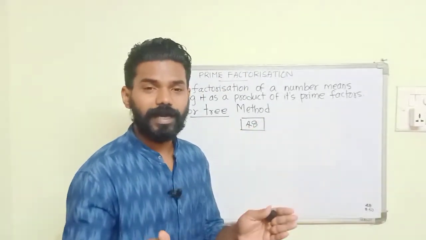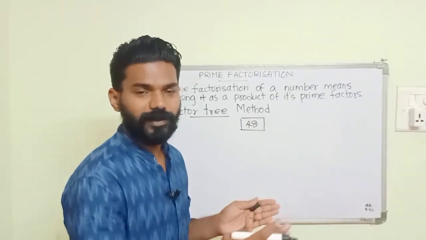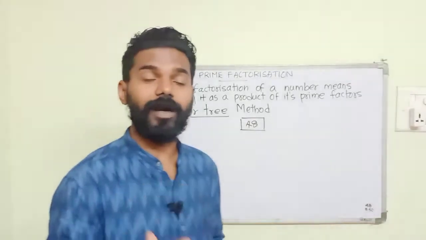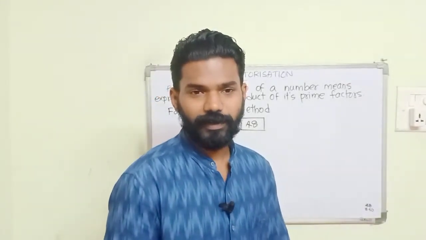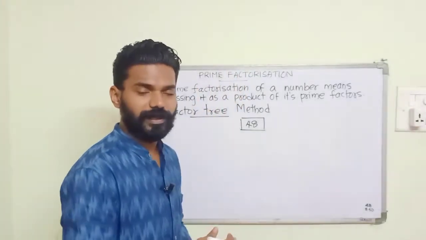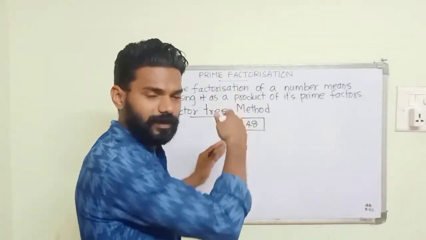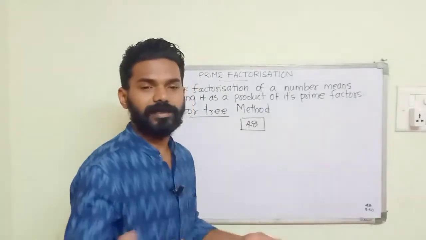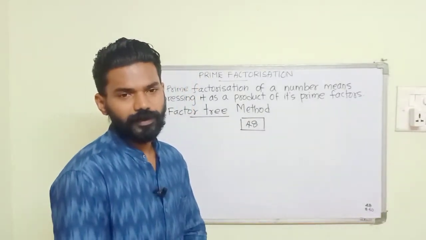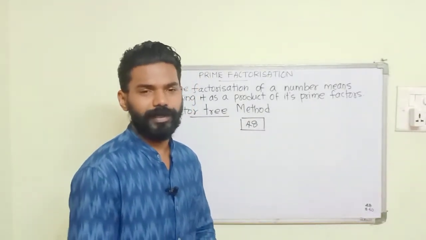As rectangles represent the composite numbers, they can be further factorized, and we will continue this process until we get all the factors as prime numbers. So let us check how this can be done.